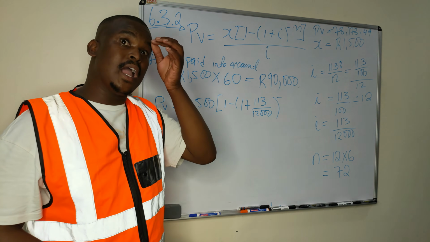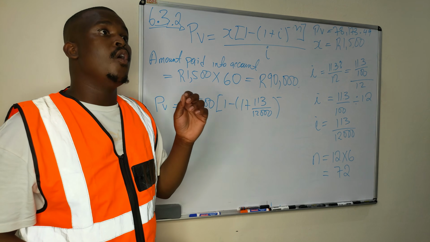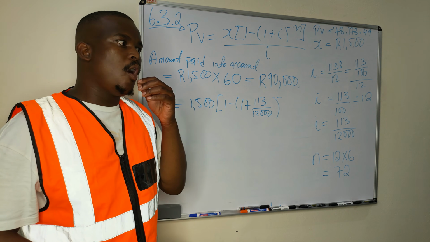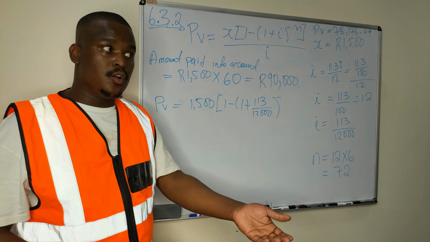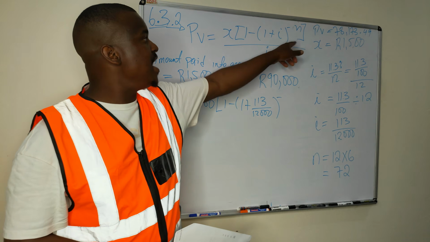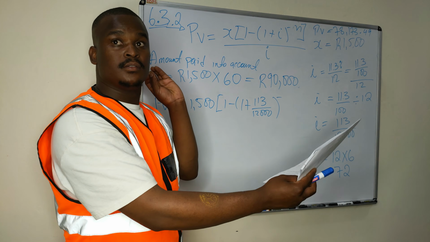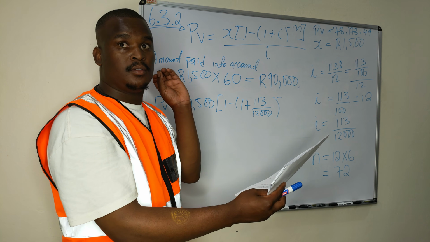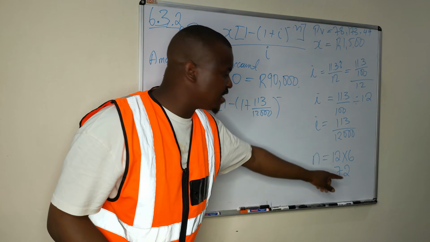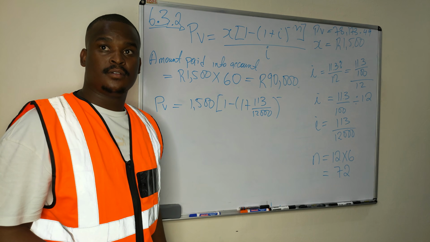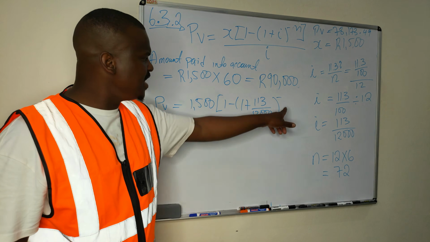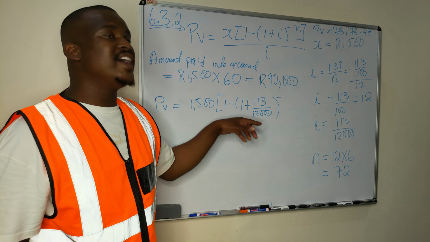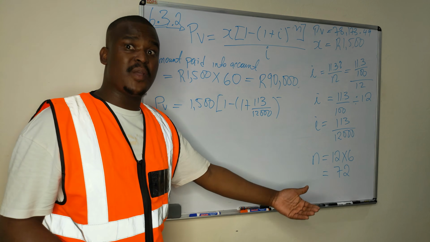Because at the beginning, when we were asked how much was Mpo loaned by the bank, our n was the entire duration of the loan, which was 72 payments or 72 months. Here, at year number 5, we are left with 12 payments to go.